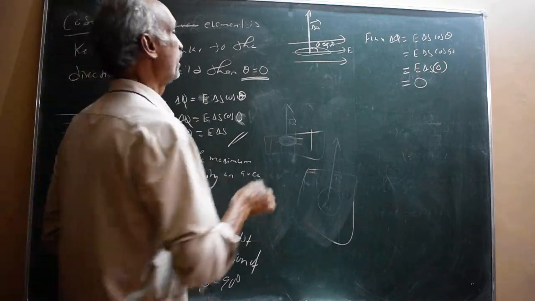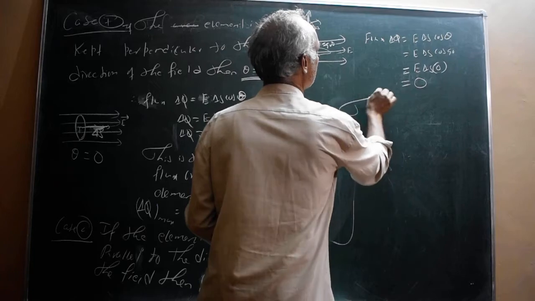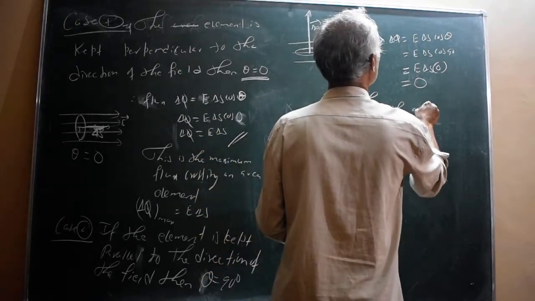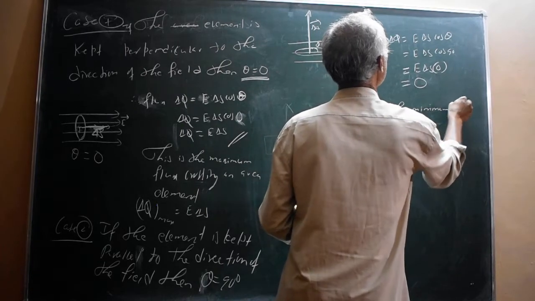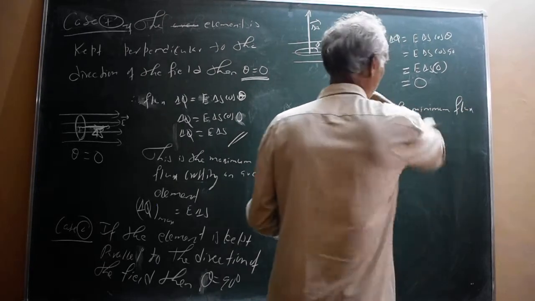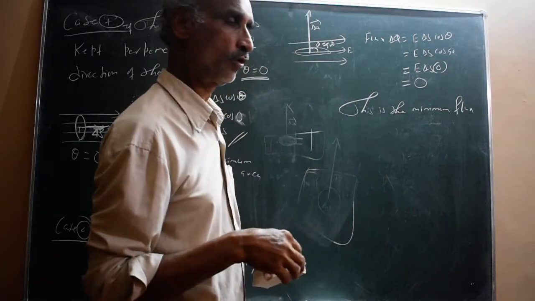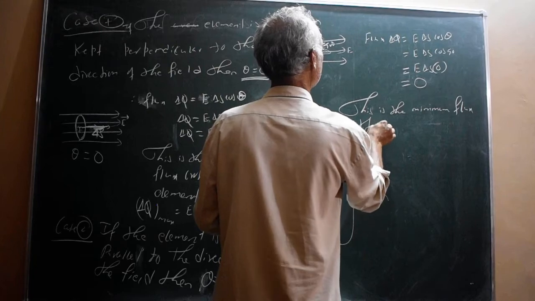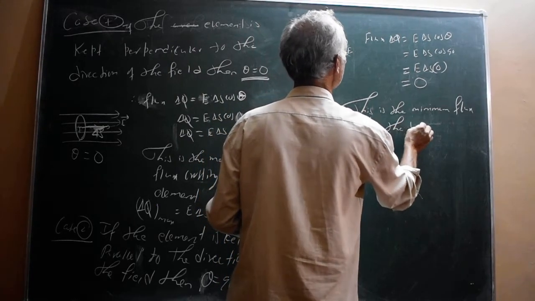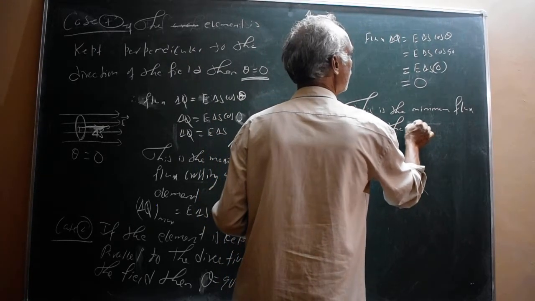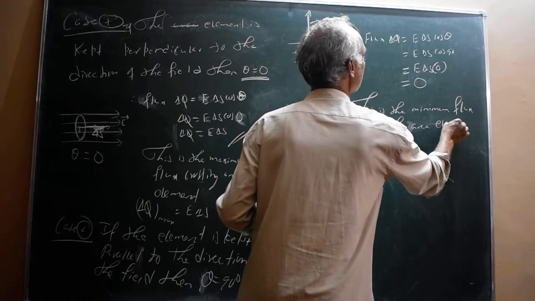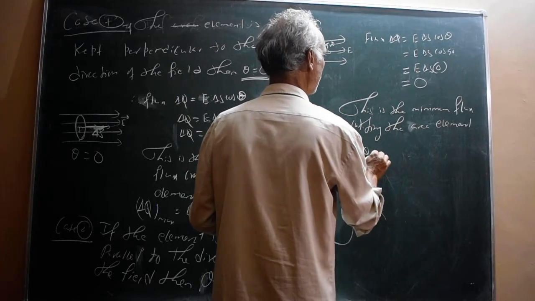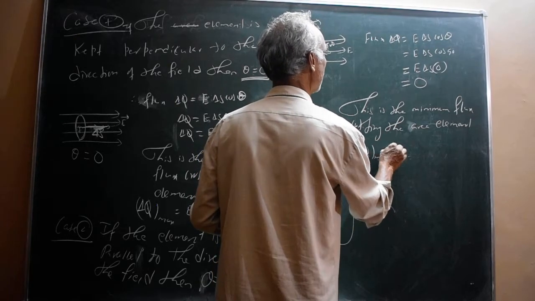The word crossing or cutting can be used for the surface element. You can call the area element a surface element also. Therefore, delta phi minimum is equal to 0.